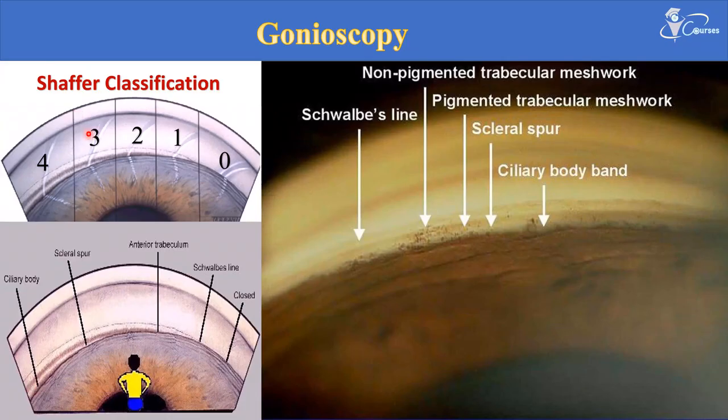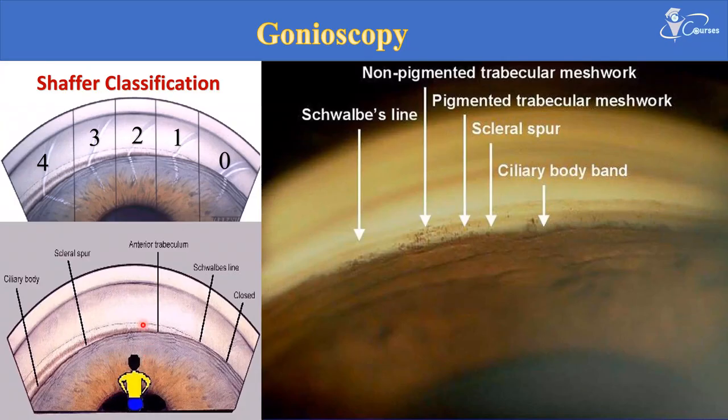In grade 3, you will find the ciliary body band is not visible. So you can only detect Schwalbe's line and trabecular meshwork up to the scleral spur. In grade 2, you will be able to only detect Schwalbe's line and trabecular meshwork.